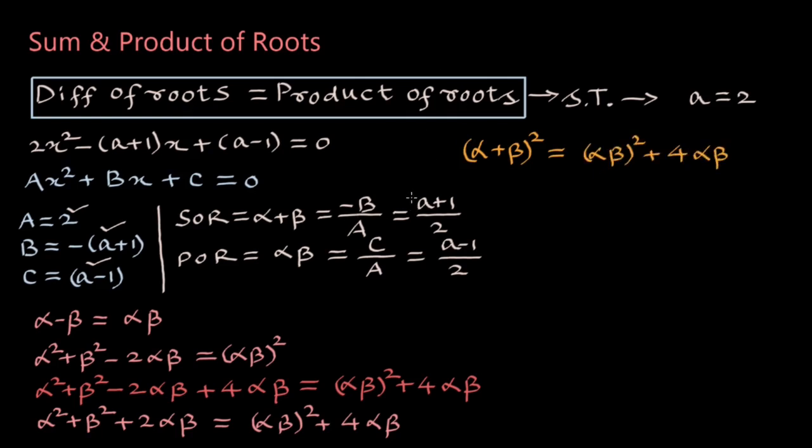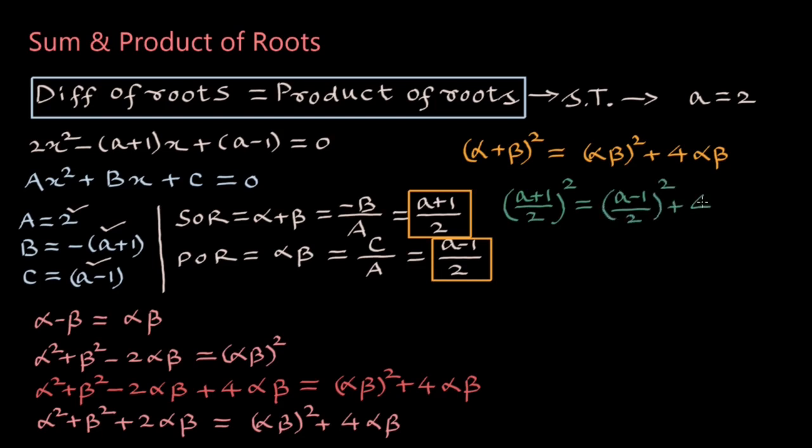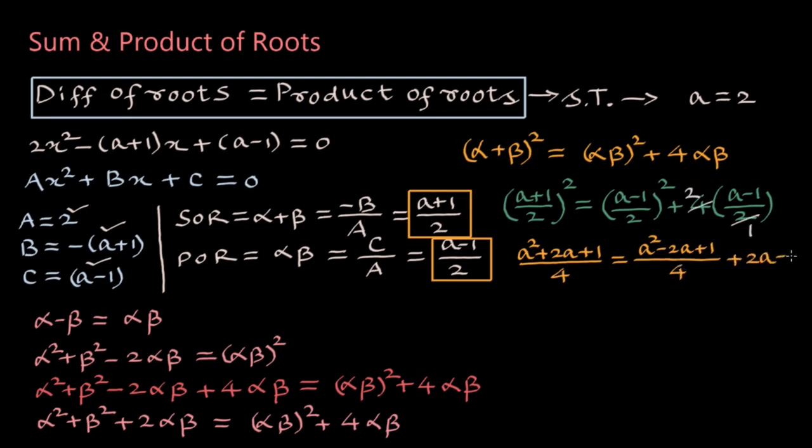Now we will substitute these values for alpha plus beta and alpha beta. That will give us ((a plus 1) by 2) whole square equals ((a minus 1) by 2) whole square plus 4 times (a minus 1) by 2. This will be (a square plus 2a plus 1) upon 4 equals (a square minus 2a plus 1) upon 4 plus 2a minus 2.